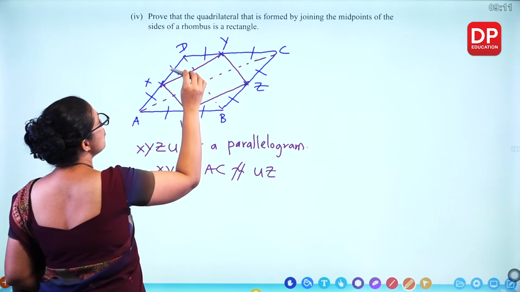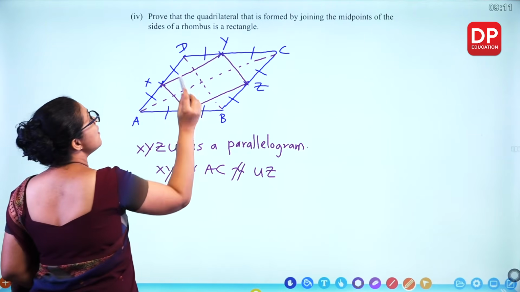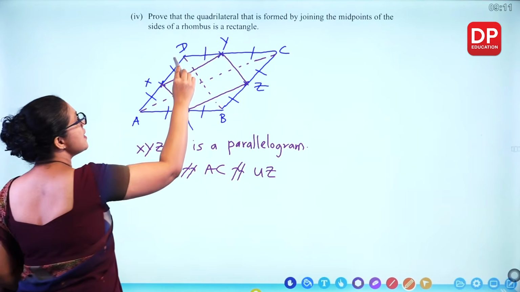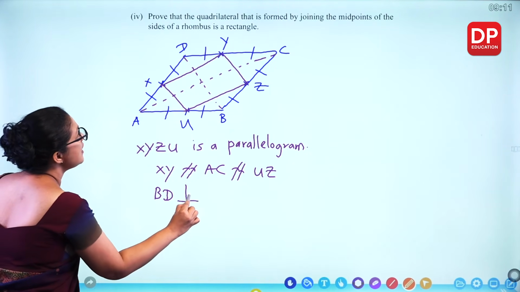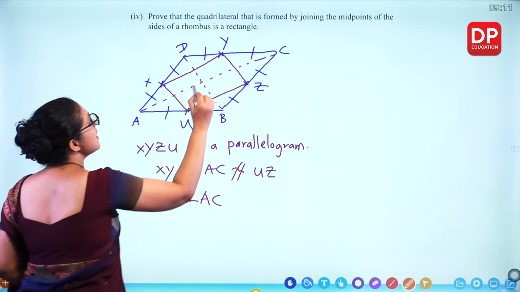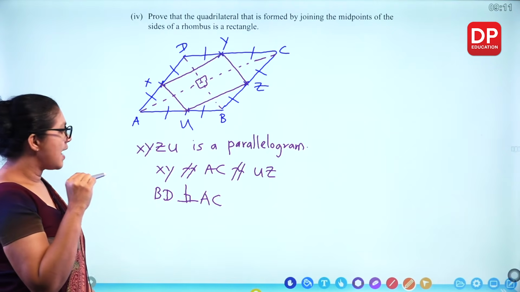And if these two are parallel, and we know in a rhombus BD is perpendicular to AC. That's the main point here. Diagonals bisect at 90 degrees.